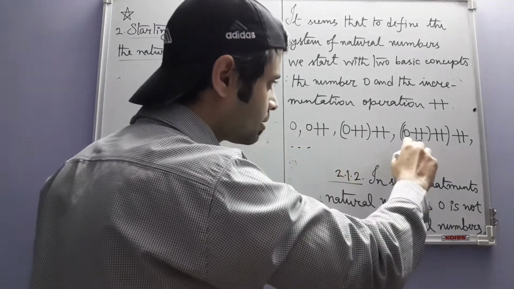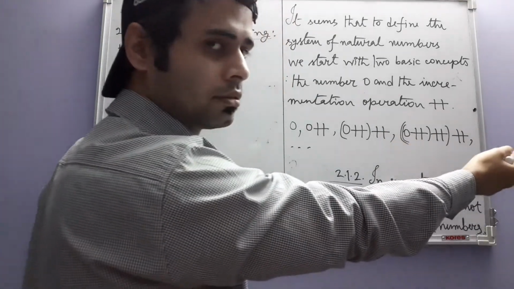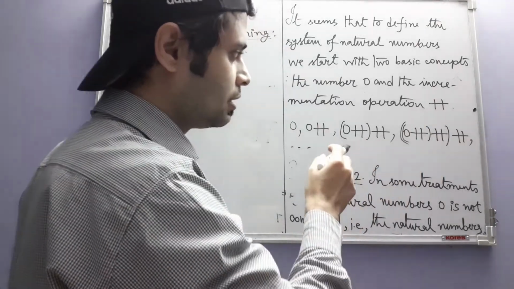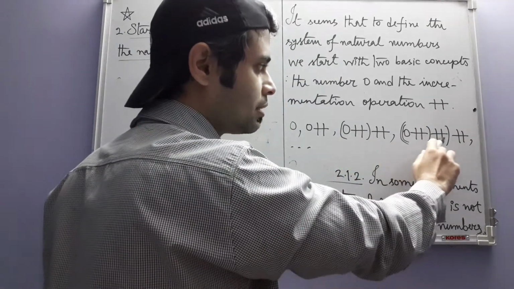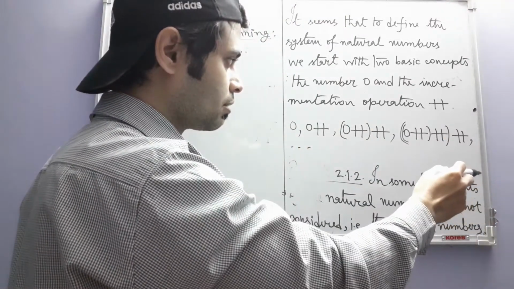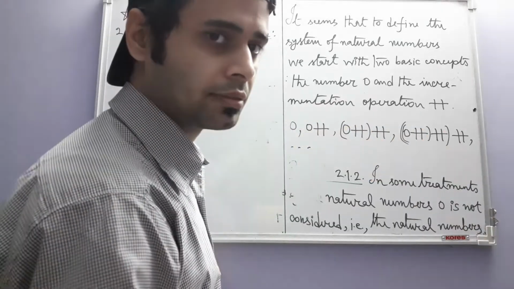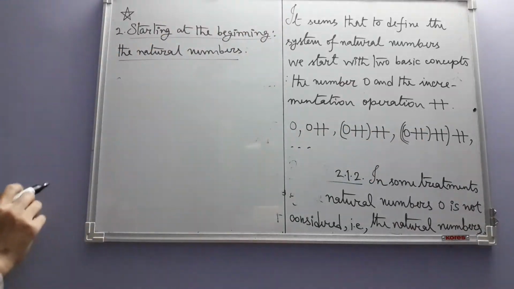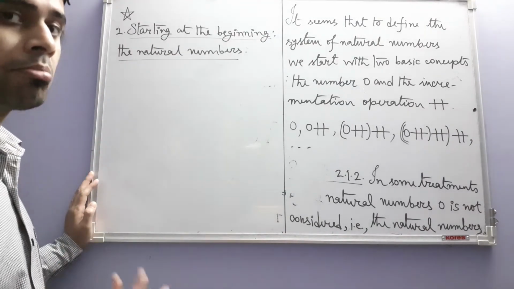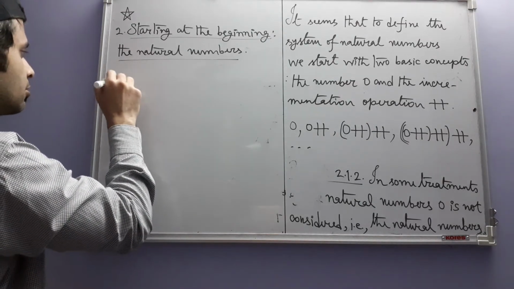You can see that even to write the fifth term in this sequence, we have to use this incrementation operation 4 times, because we get the fifth element by incrementing 0 4 times. So that's why we need to find a neater or more compact notation. For that, we have this next definition.